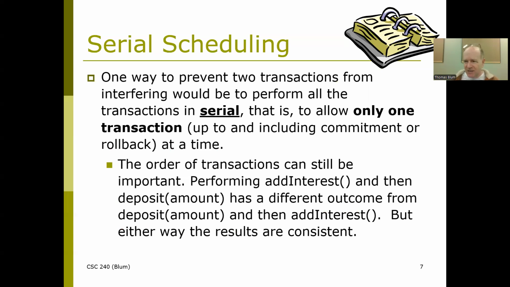That will keep things consistent. The transactions are designed to move us from consistent state to consistent state. And if we're only ever doing one transaction at a time, then each time the transaction is completed or rolled back, we are back in a consistent state.